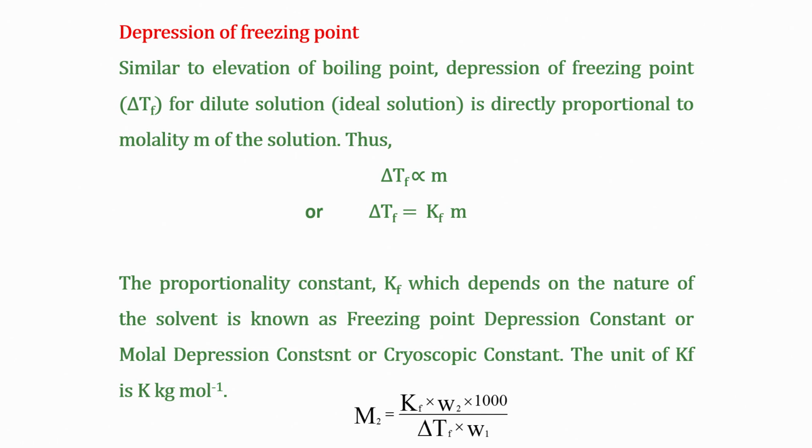So, we have a similar experience of depression of freezing point. Similar to elevation of boiling point, depression of freezing point also happens. It is a common phenomenon. Lots of people who do not want ice to become solid add a little bit of salt to the ice.